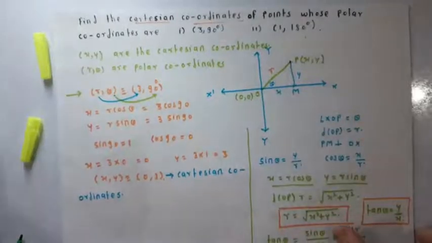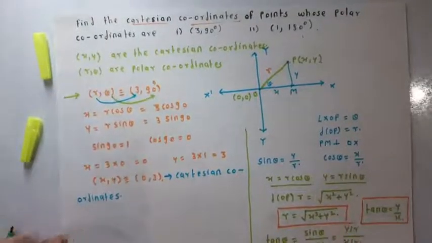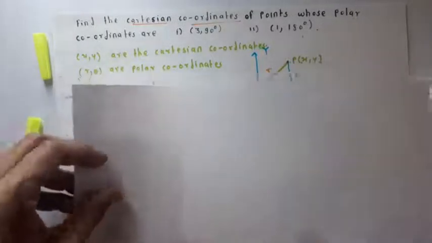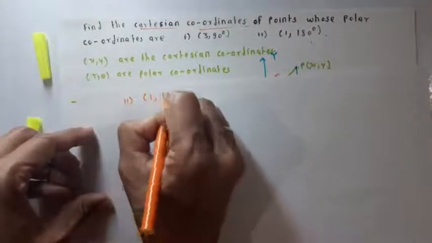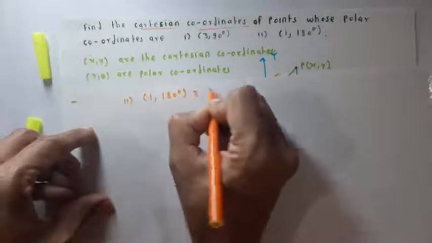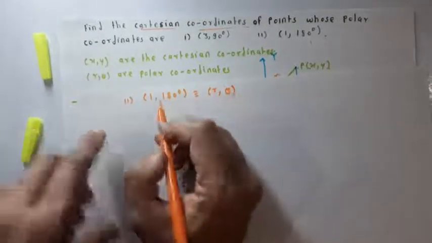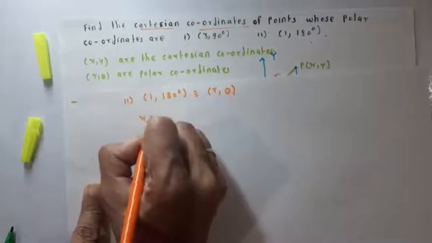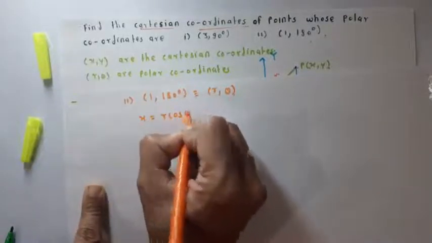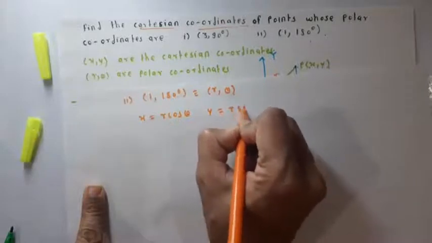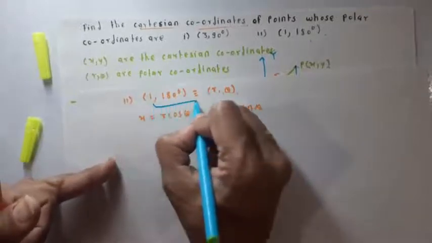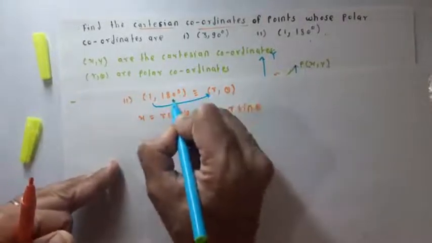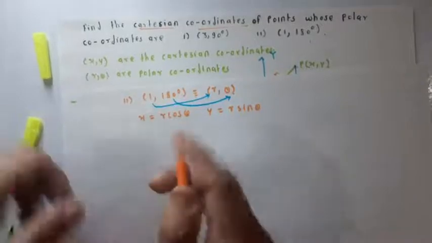Okay students, now let us solve another example, the second example: (1, 180 degrees). These are the polar coordinates. Let us find the Cartesian coordinates. x equals r cos theta, y equals r sin theta. Please remember the relation between them. The value of r is 1 and theta is 180.